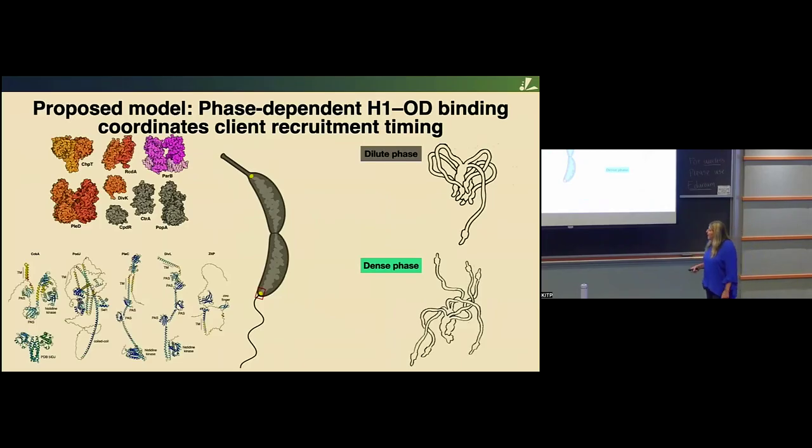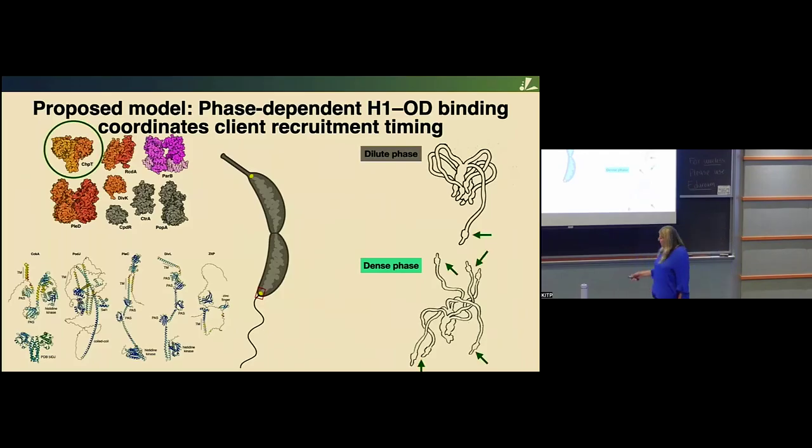When POP-Z is localized at the pole, it's very important for cell function. We don't want this off-target binding. We don't want POP-Z to bind to clients outside of those regions. Otherwise, we might start to get clustering not where we're supposed to be, not at the poles of the cell.